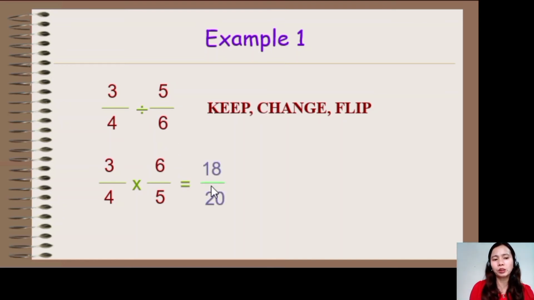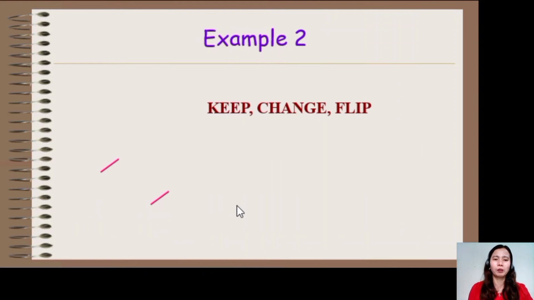Then we can reduce. Pero kung gusto nyo, pwede rin naman. 6 times 3 is 18, 4 times 5 is 20. Then, 18 over 20, the simplest form is 9 over 10. Both are divisible by 2. 18 divided by 2 is 9, 20 divided by 2 is 10.